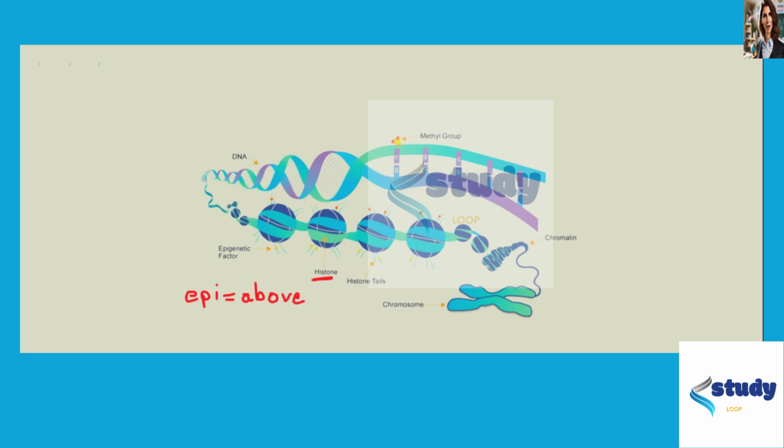Now, to DNA, you can add methyl groups, and the addition of methyl groups can affect the affinity of the DNA for transcription factors, which then changes how often that stretch of DNA is transcribed. Or to the histone tails, you can add acetyl groups, which affects how tightly the nucleosome is packed.